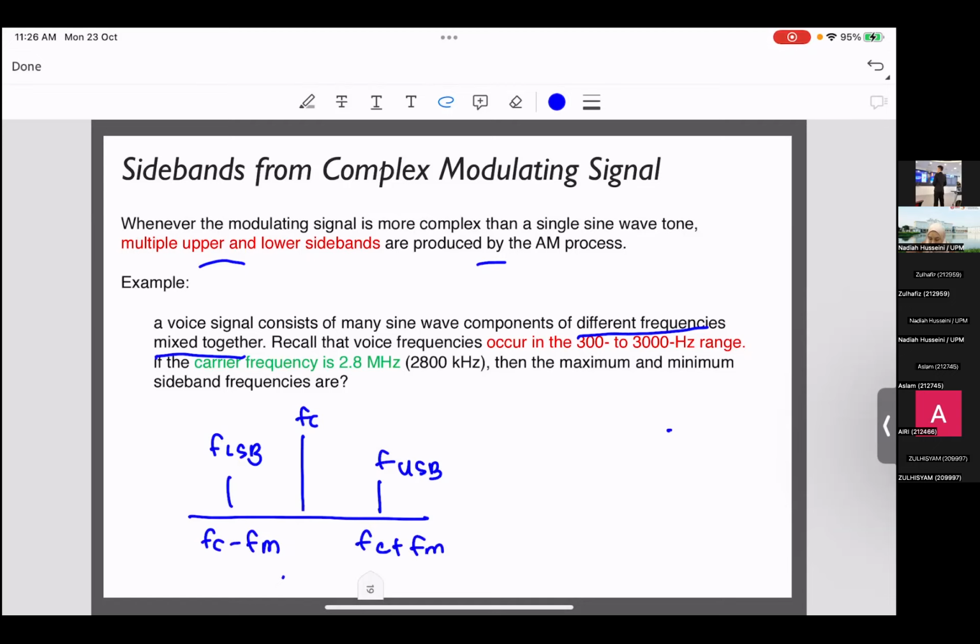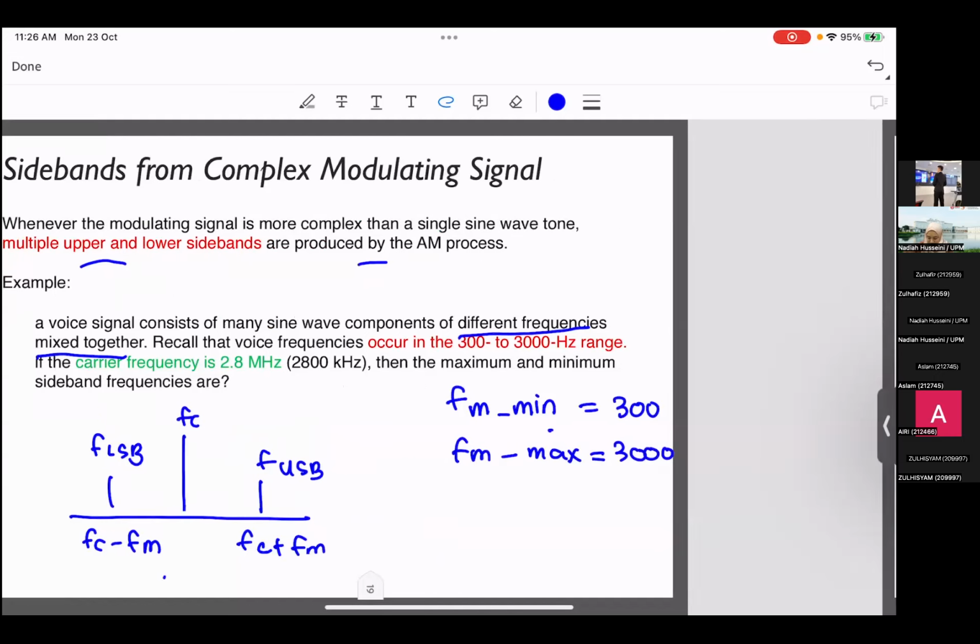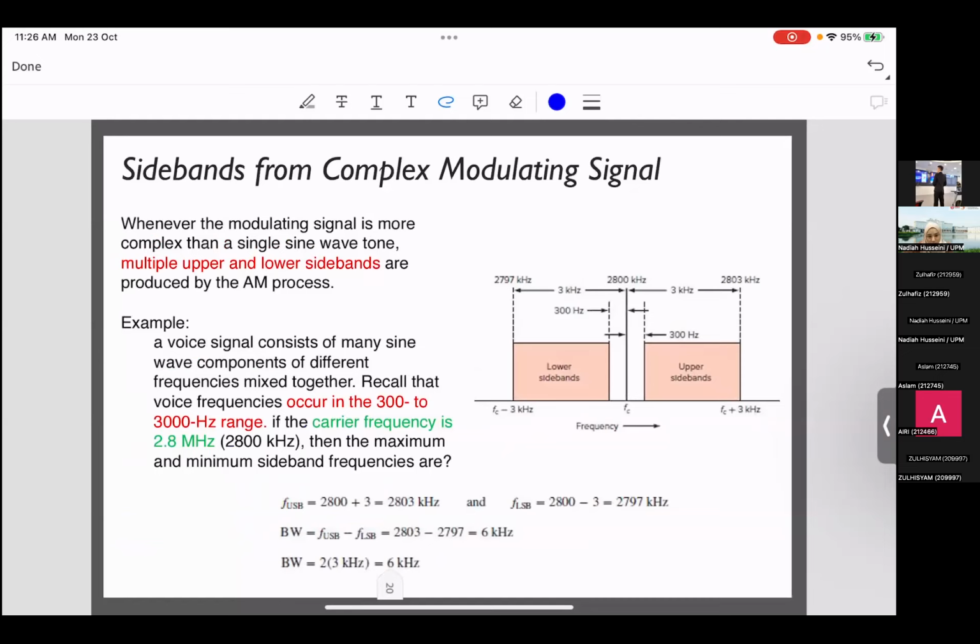So your minimum FM is 300. You would find the minimum first, and then the maximum sideband after that. So how do we do this? 2,800 plus 3, we already converted this into kilohertz.